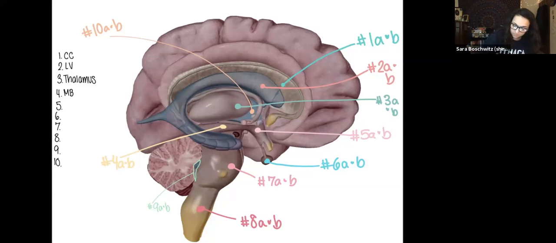All right, number 5. That's going to be the hypothalamus. And the hypothalamus helps regulate growth, metabolism, reproduction, and stress responses. So it's primarily operating through the pituitary gland.